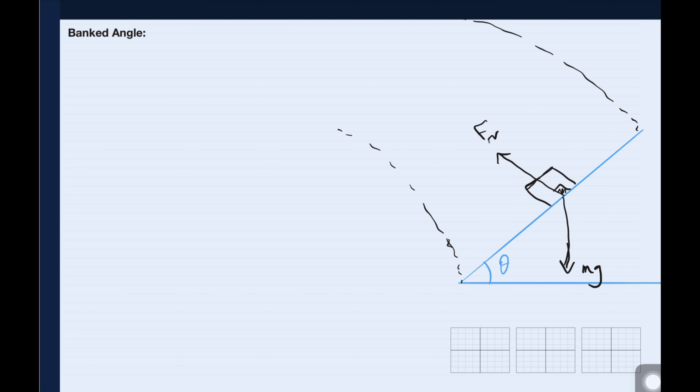The other force we have is static friction. Why static friction while the car is moving? Because the car is moving on this curved track, but if there is no friction, the car tends to slide up like this.